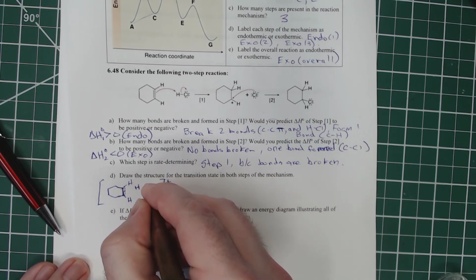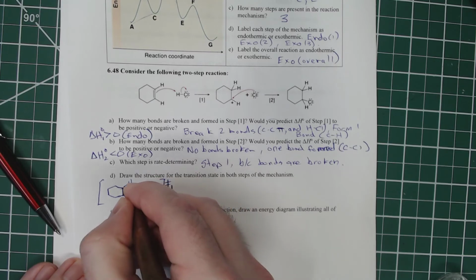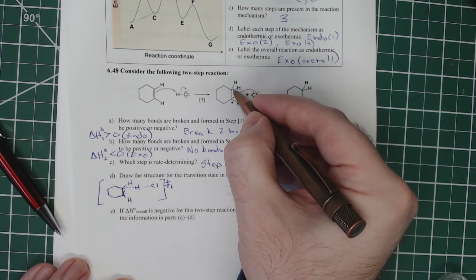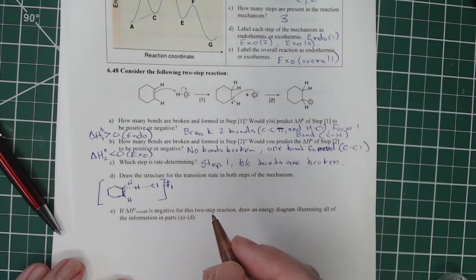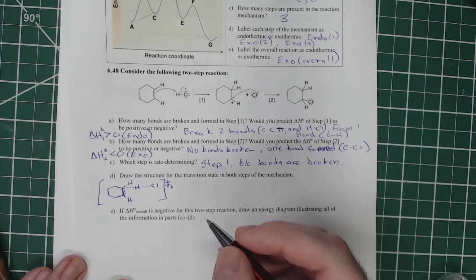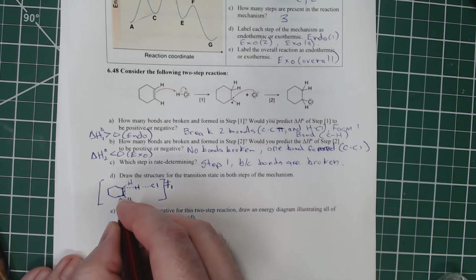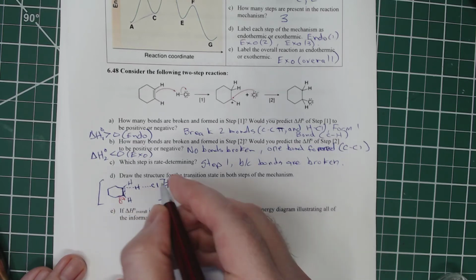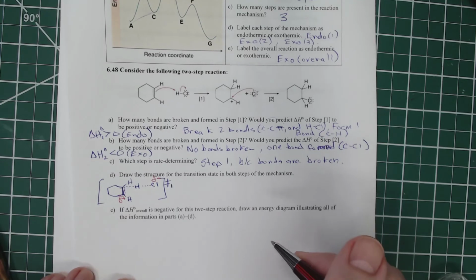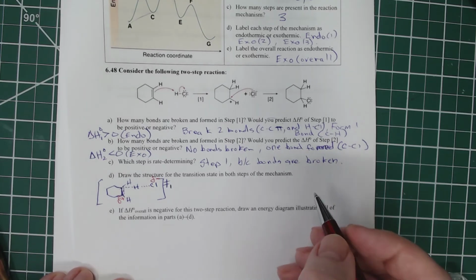We've got hydrogen, chlorine. Since the hydrogen is going to the top carbon, I wanted to put that in the correct location. This carbon down here is going to have a partial positive charge, and the chlorine will have a partial negative charge. So, sorry about that mistake.